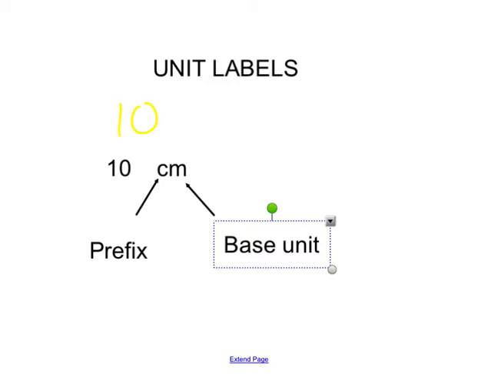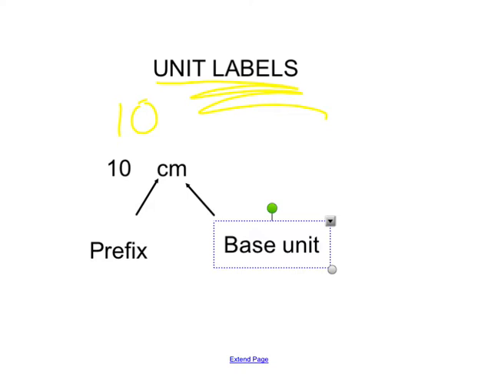I can handle that. Or what if I said, I'm going to give you 10 paper clips? You're like, okay, great. 10 paper clips. Whoopie-dee. Well, of course, unless you collect paper clips, in which case you're like, yay! But for right now, it's like, okay, 10. So a number by itself, remember, has just a value. It has no meaning. And it's the unit labels that give the number some actual meaning other than the value of 10.